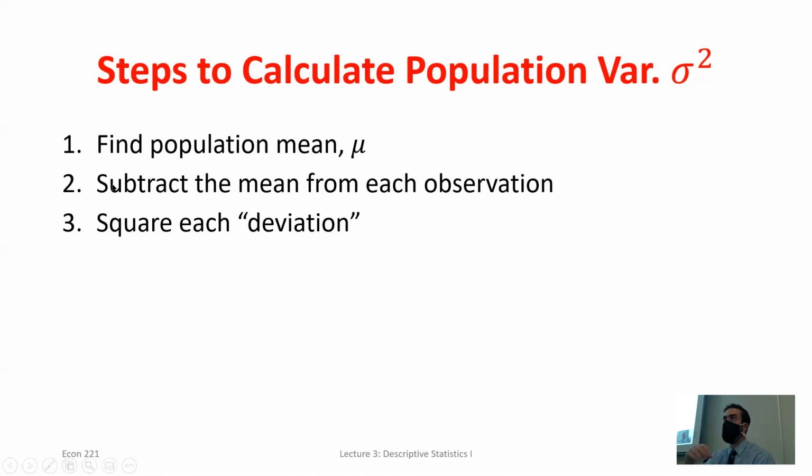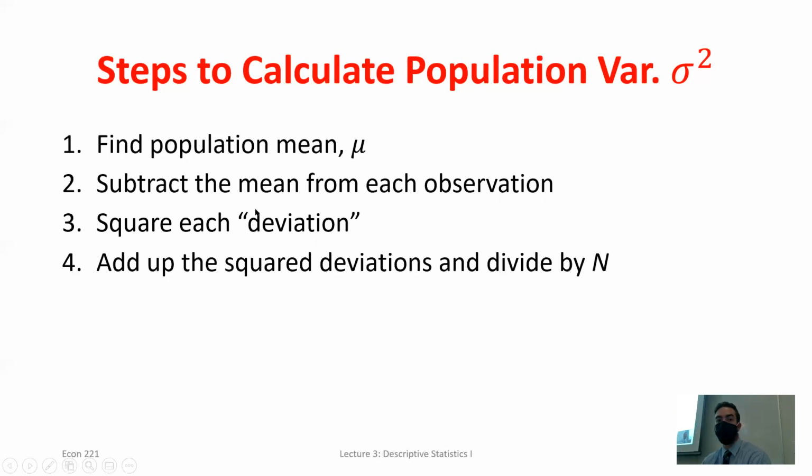I could, for each observation, subtract the mean and then square that value. I don't have to subtract the mean from every single observation and go all the way back up and square all the values. I can do it all at once. But I really can break it down and technically use 2 different steps. Once I have all those deviations squared, I can add them all up and then divide by n for a population or n minus 1 for a sample. Right? This is the process we're going to use.